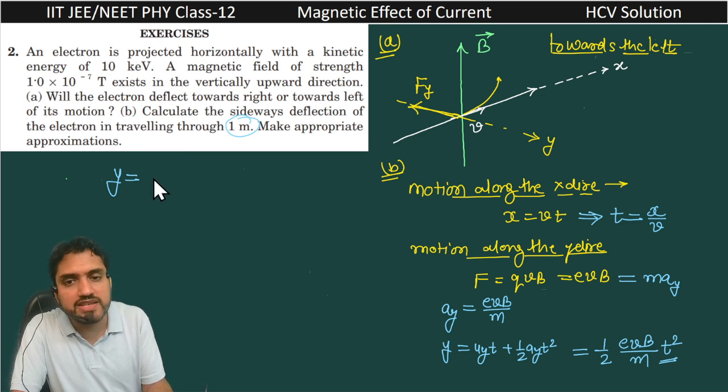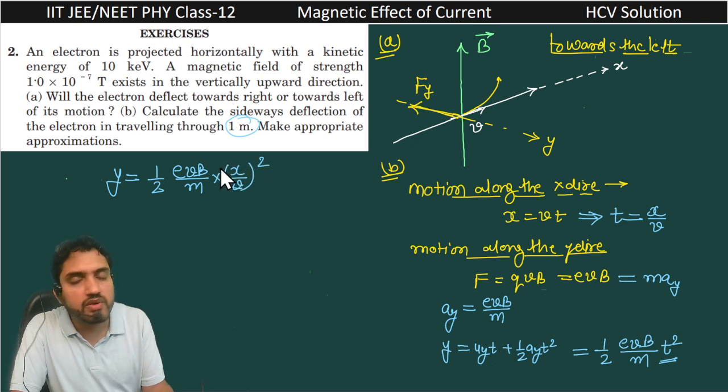So y is equal to 1 by 2 times e v b divided by m, and t is x by v whole square. So y is equal to 1 by 2 e v b x square divided by m v square.